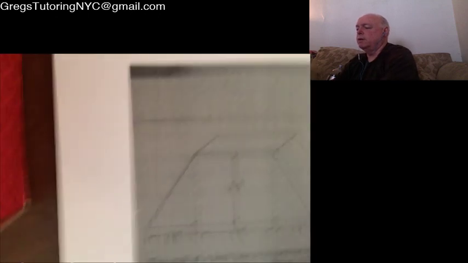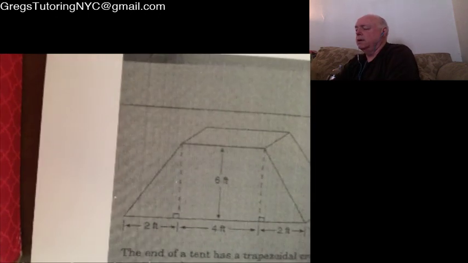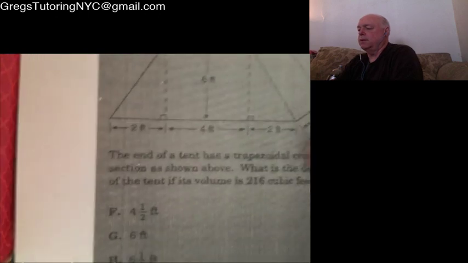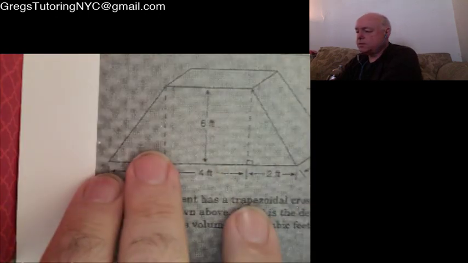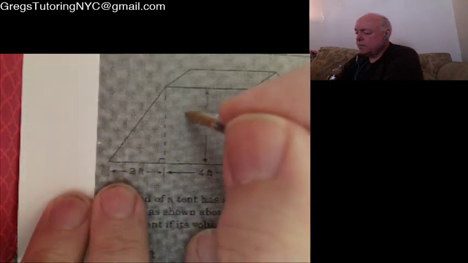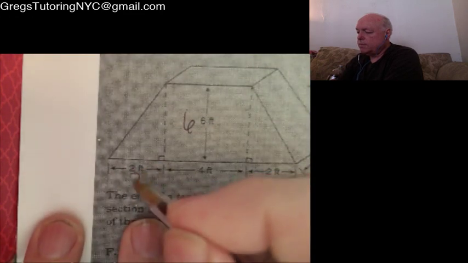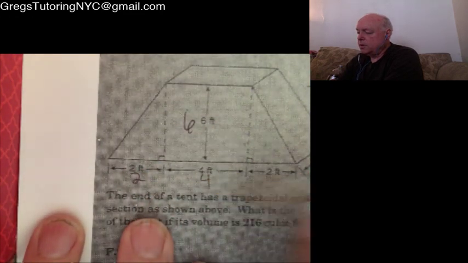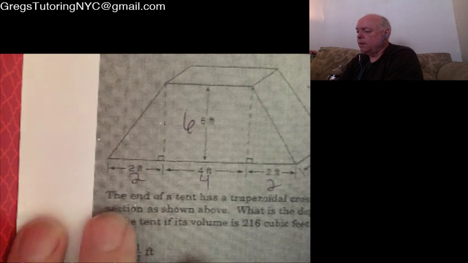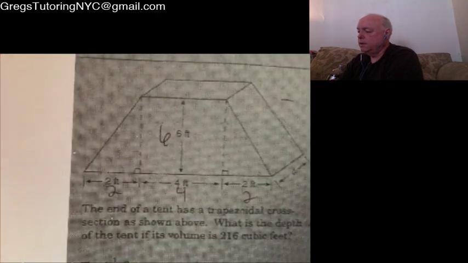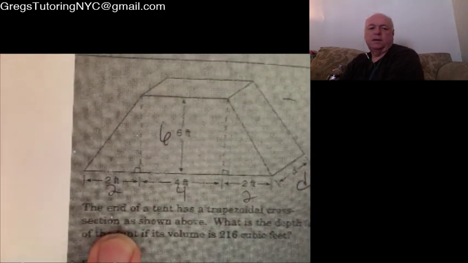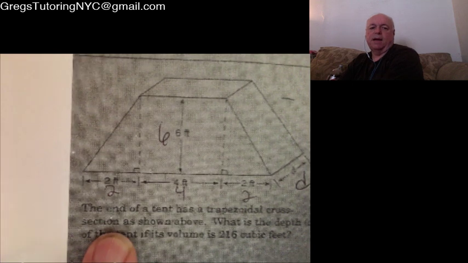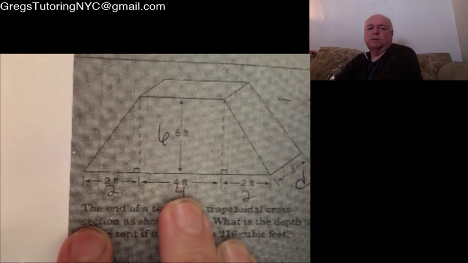Let me try to rewrite these because this is way pixelated, people. So this is 6. This is 2. This is 4. This is 2. And this over here in the corner is D for the depth. All right, actually now it's not coming out pixelated, so that's good.